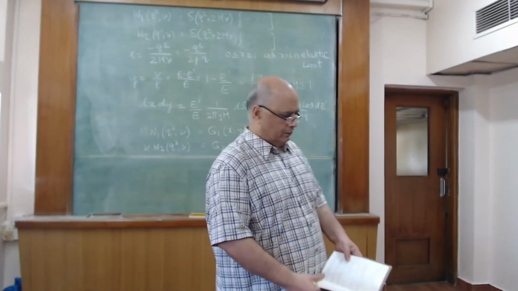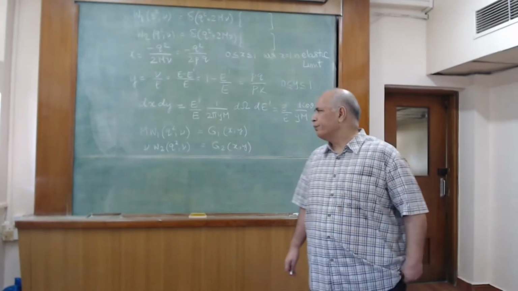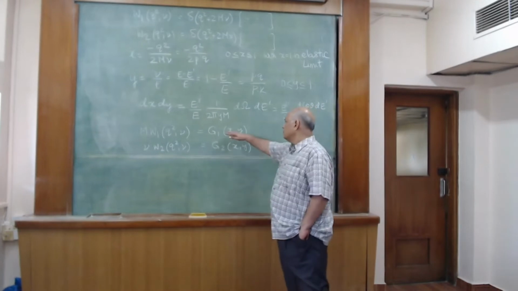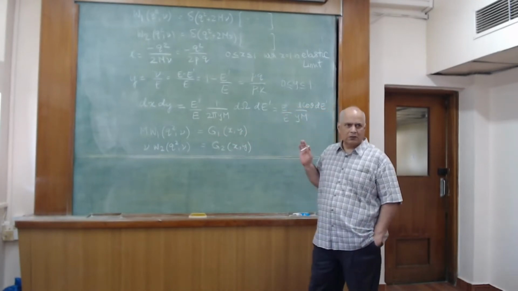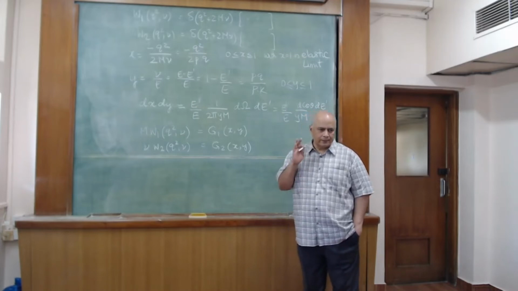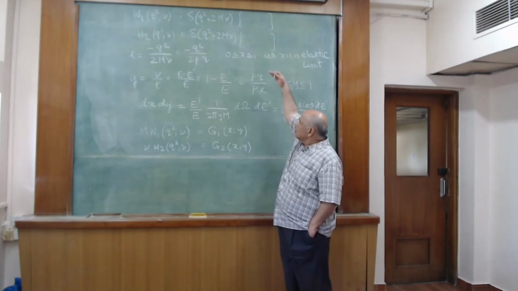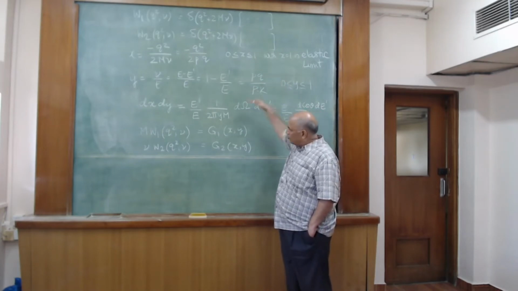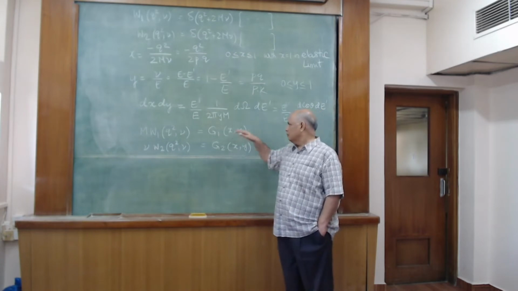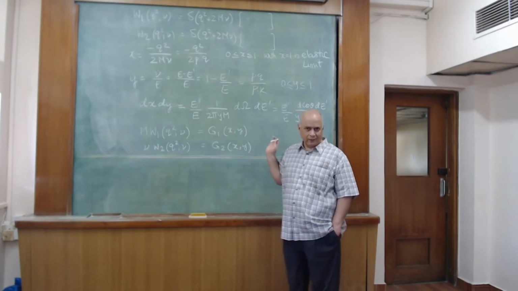Now, the way these functions g1 and g2 are looked at, if you go through this argument, naively speaking, we should think of them as functions of x comma y.